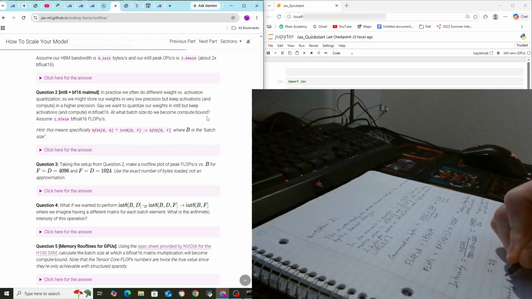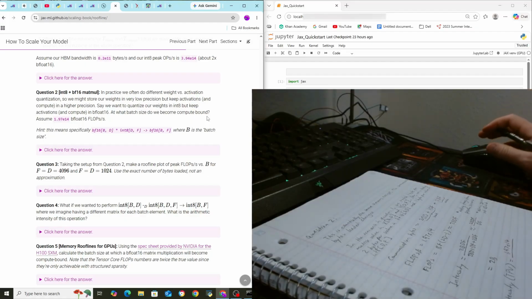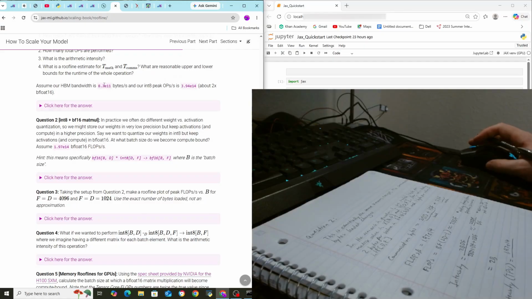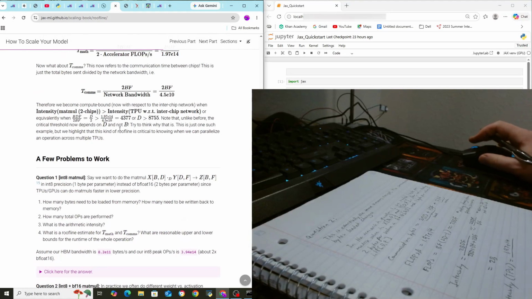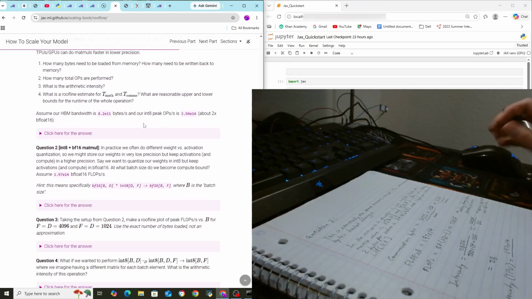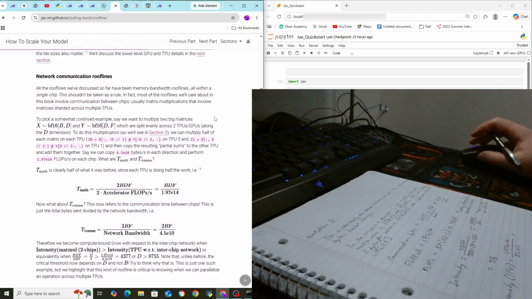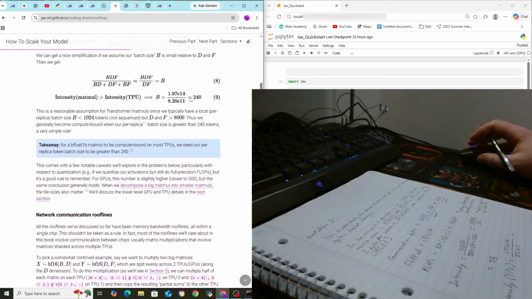Intensity of the TPU equals 1.97 E14 divided by, same thing, 8.2, right? Is that what they do here? Yeah, 8.2 E11, which equals what? 240.